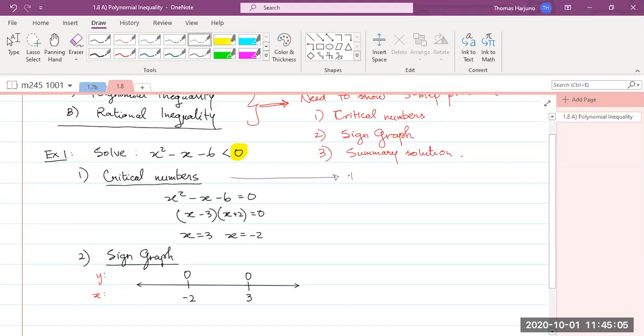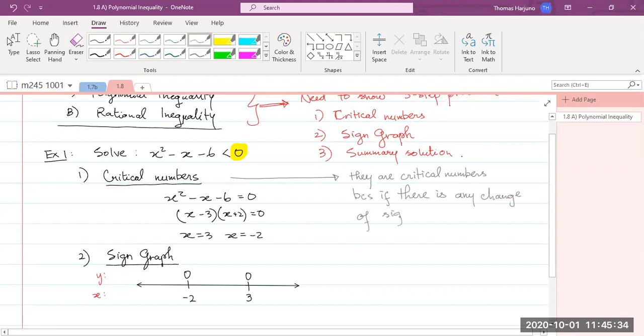They are critical because if there is any change of sign, positive becomes negative, negative becomes positive, then it must happen at a critical number.